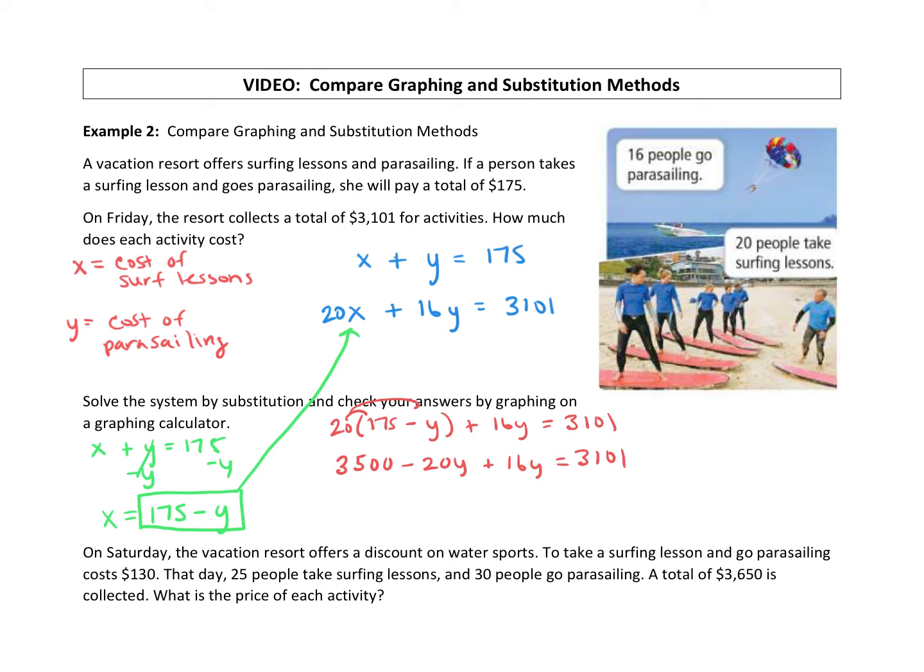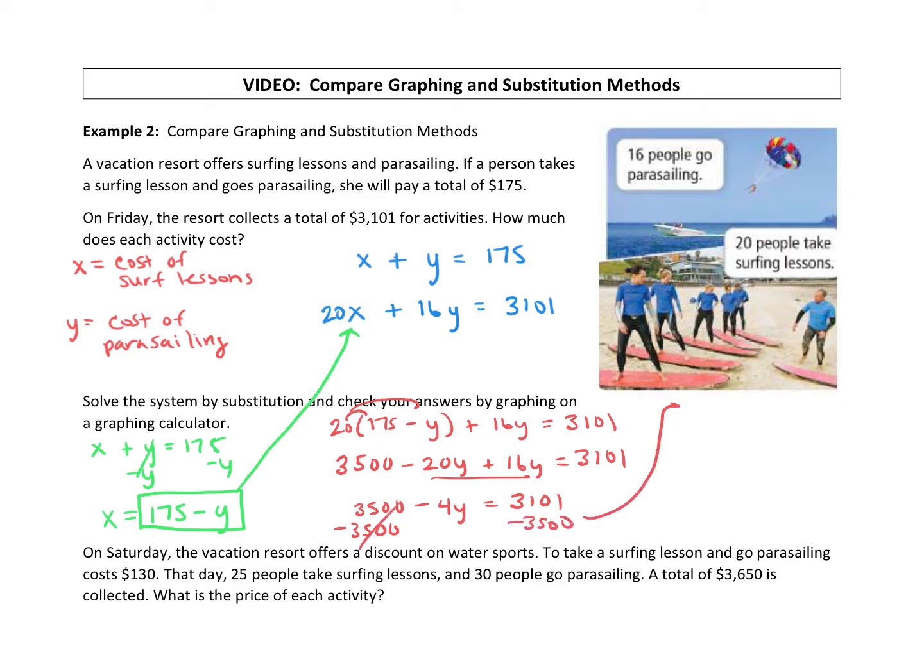Before we do any solving steps, combine like terms. So 3,500 minus 20y plus 16y is 3,500 minus 4y equals 3,101. Let's solve for y. Our 3,500 is going to go to the other side. It's positive, so let's subtract 3,500 from both sides.